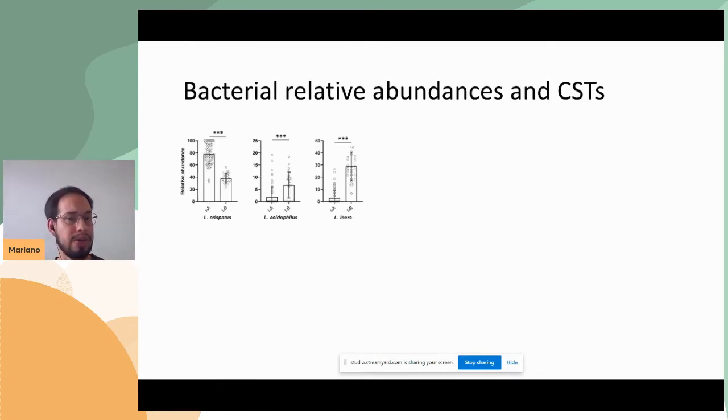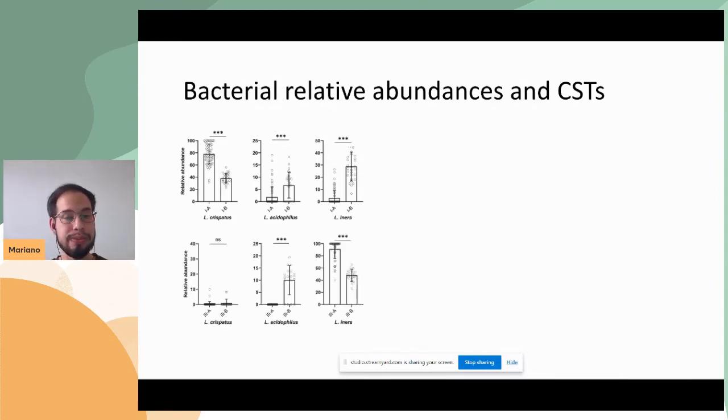By looking at the bacterial relative abundances and CSTs, in CST I, we observed a decrease in abundance for Lactobacillus crispatus in CST V, and an increase in abundance for Lactobacillus acidophilus and Lactobacillus iners. In terms of CST III, we also found an increased abundance of Lactobacillus acidophilus in CST IV-B when compared with CST III-A.